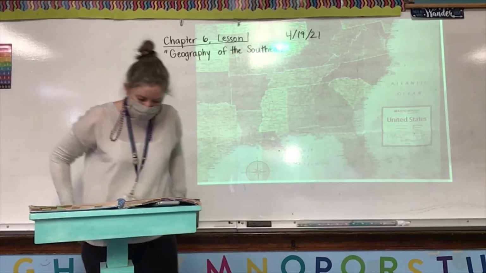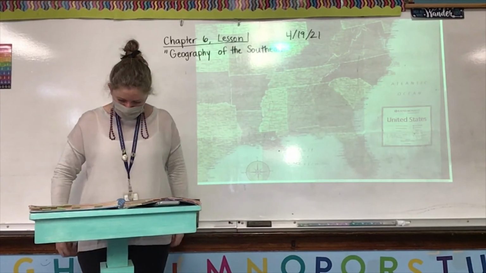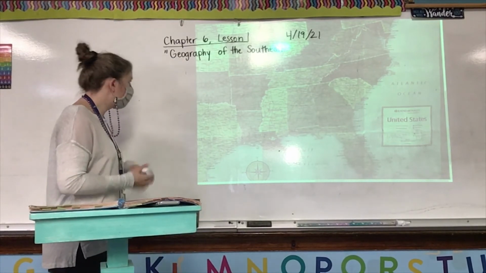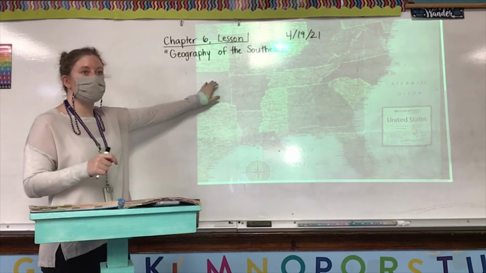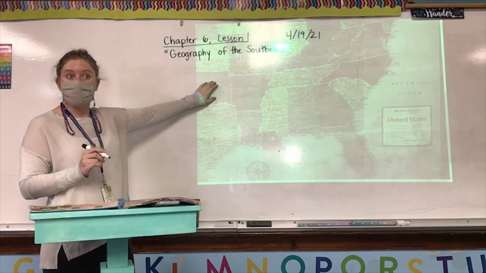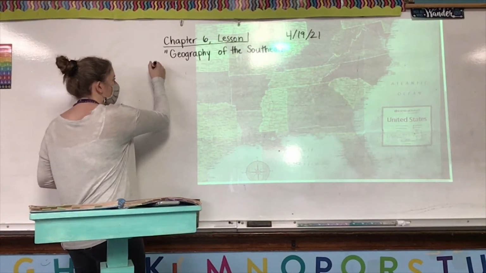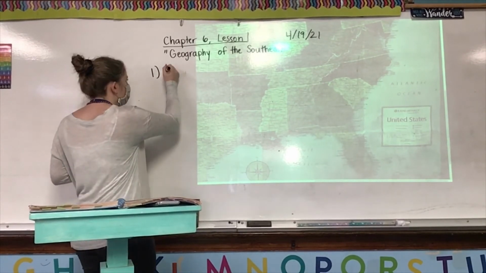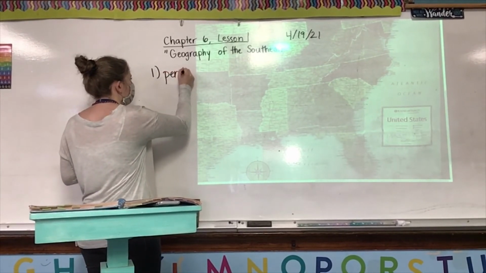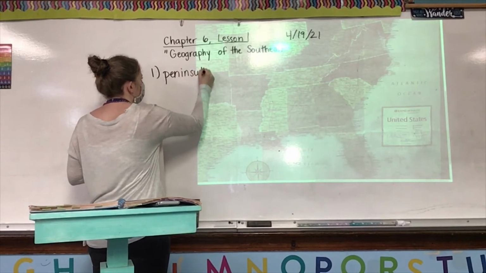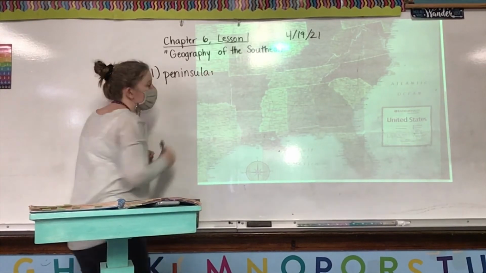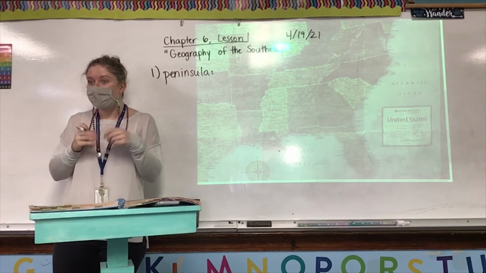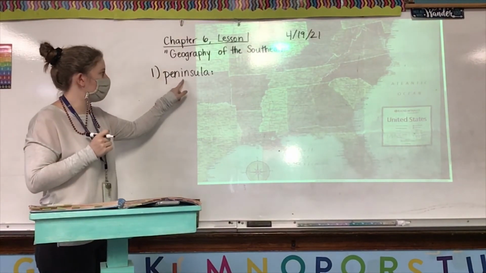Keep going. A peninsula is land that is almost surrounded by water. So, I'm going to write it and then I'm going to erase it. So make sure that you're writing quickly. Number 1 is what word, Aaron? Peninsula. A good spelling strategy is to say the syllables, spell the syllable as you go.